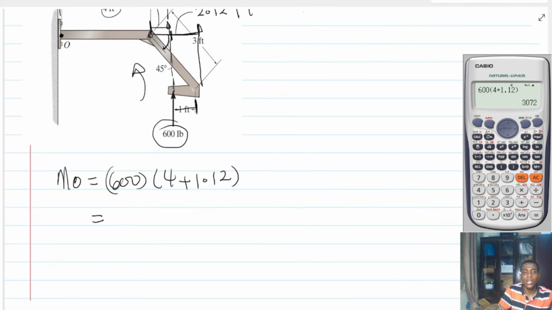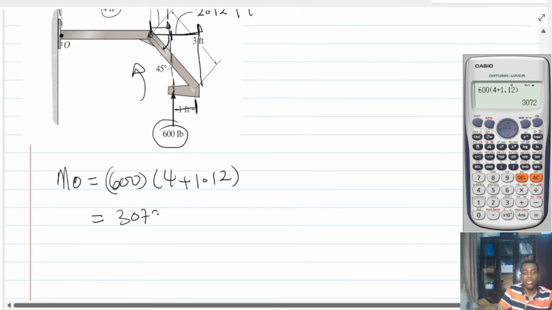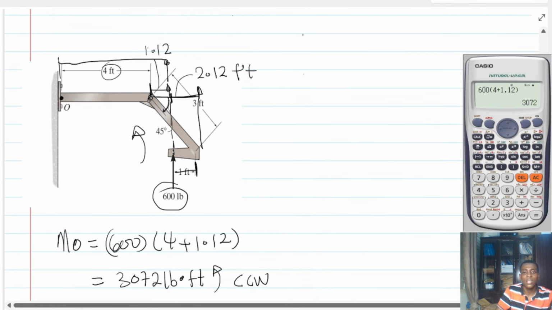What is that? 3072 pound feet. And this moment is counterclockwise about O. I hope the concept is clear.